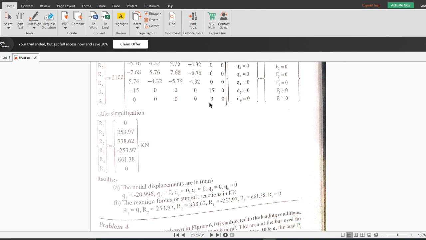Everything in kilonewton, okay? R4 minus 253.97 kilonewton. R5 661.38 kilonewton. R6 is 0.